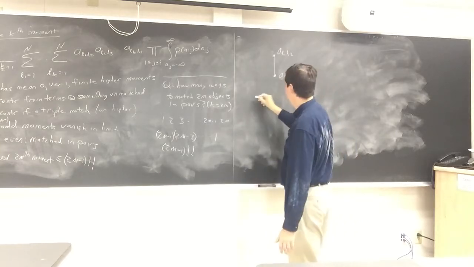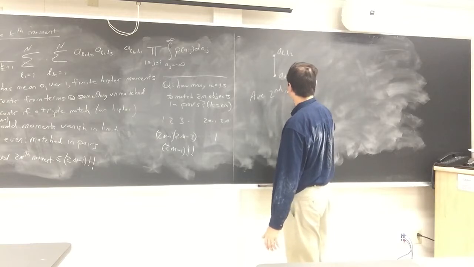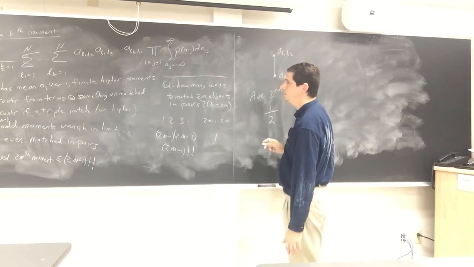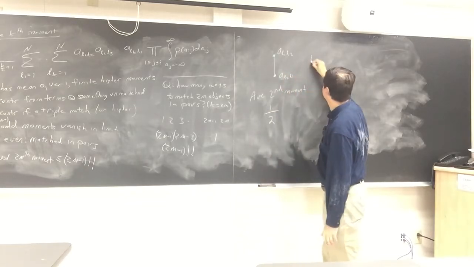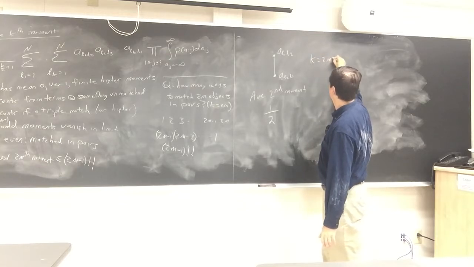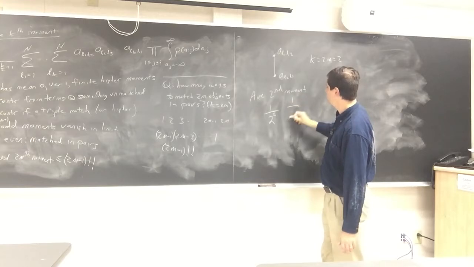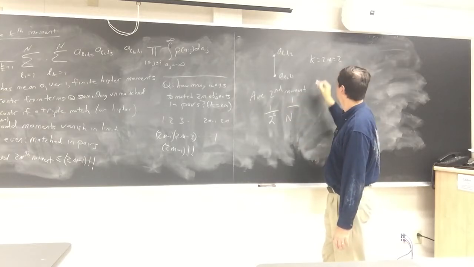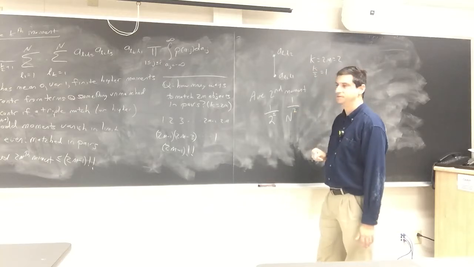And so what you get for the average second moment, we'll have a 1 over 2. Now k is equal to 2m, which is 2 here. So we'll get 1 over 2 squared, 1 over n to the k halves plus 1. K halves is 1, so this is 1 over n squared.